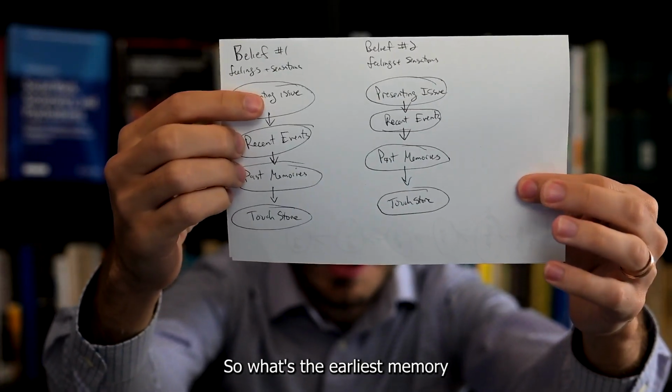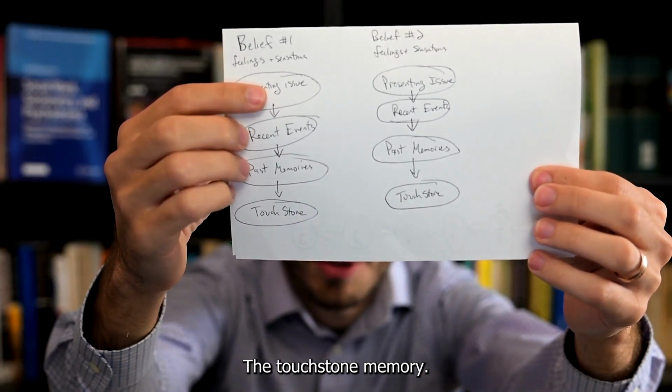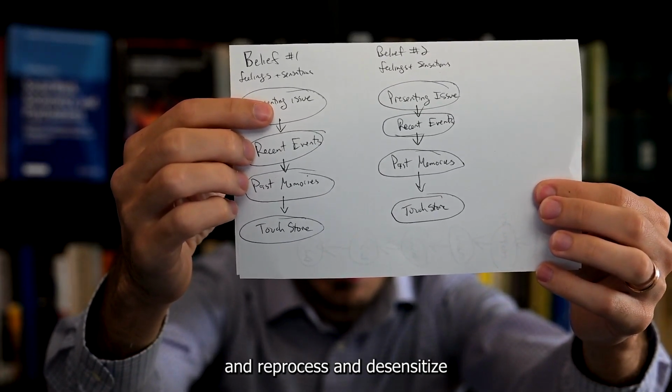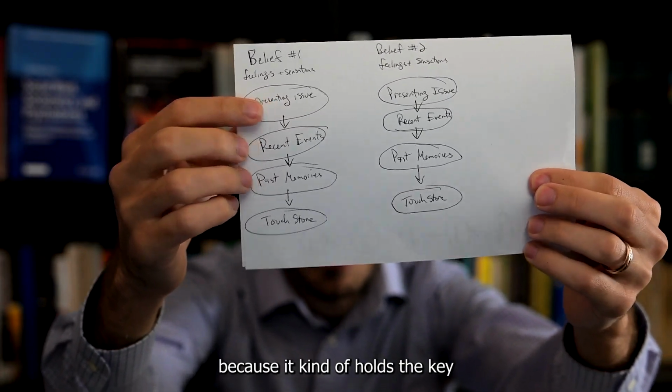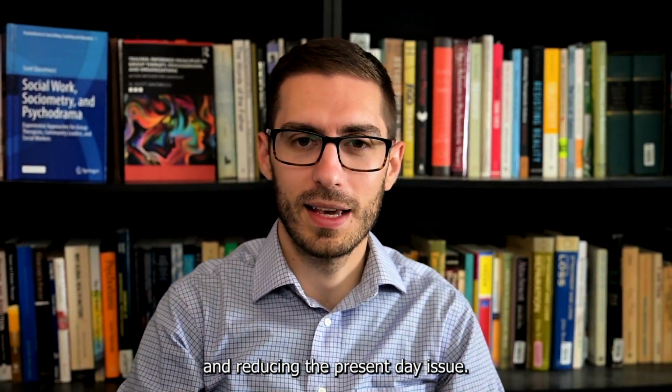So what's the earliest memory in this memory network? The touchstone memory is the memory that we really want to get to and reprocess and desensitize because it kind of holds the key to unlocking and reducing the present day issue.